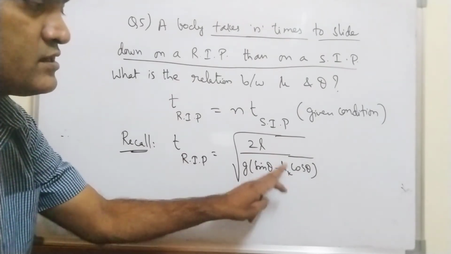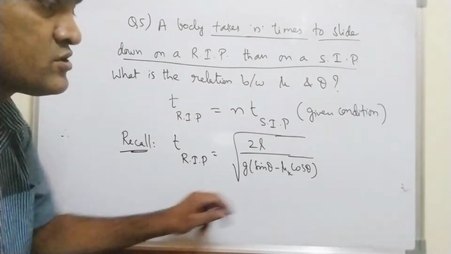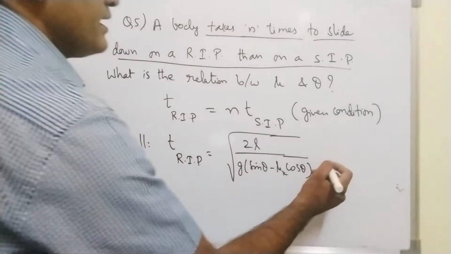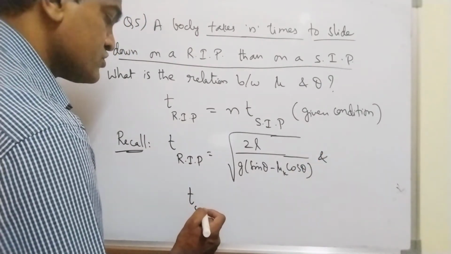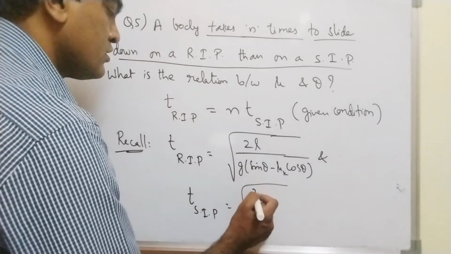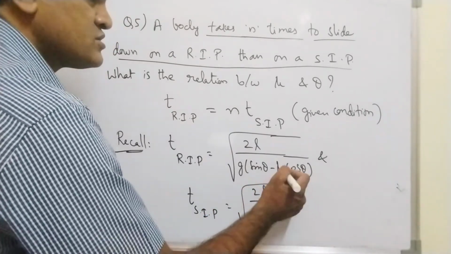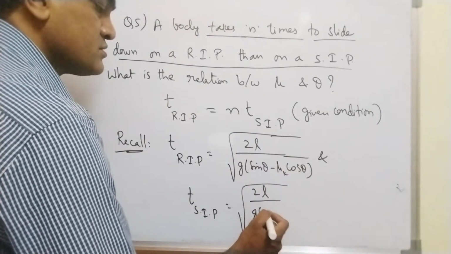On a frictionless surface, Fk is 0, so mu k is also 0. The time taken to slide down a smooth inclined plane is root over 2L by, when you put mu k as 0, this entire term becomes 0, so simply you get root over 2L by G sin theta.